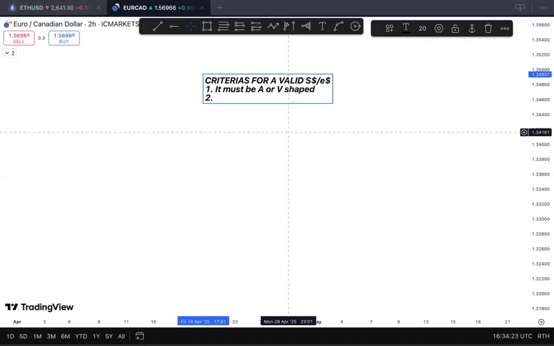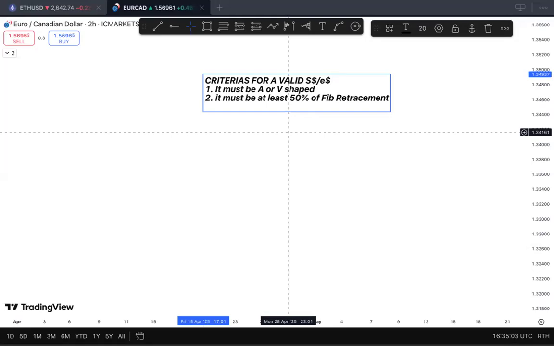Number two, it must be at least 50% of fib retracement. I'm going to explain that, okay? It must be A or V shaped. It must be at least 50% of fib retracement.